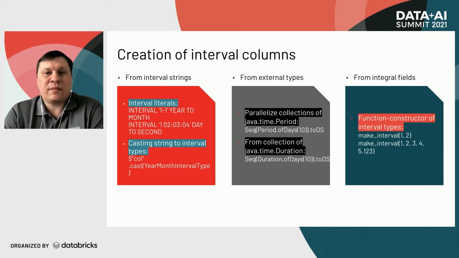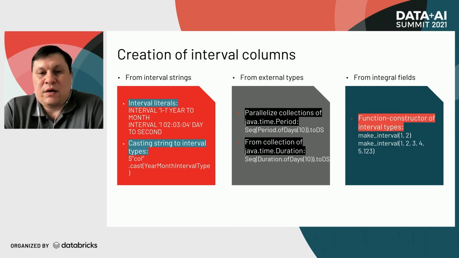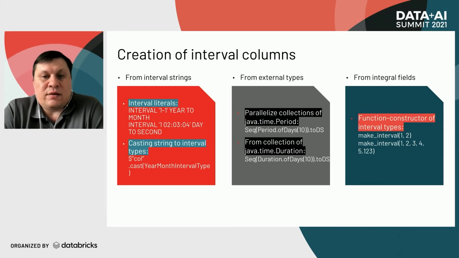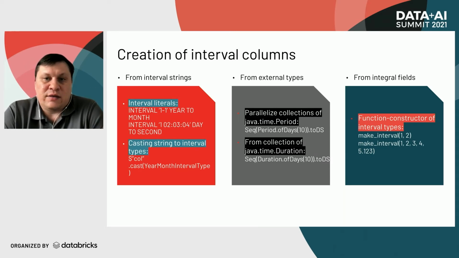Another option for constructing interval columns is from external types. A year-month interval could be constructed from a collection of Java time Period instances. When we receive values externally inside Spark, we just take two fields from this Java class, only year and month, and reject the day field.